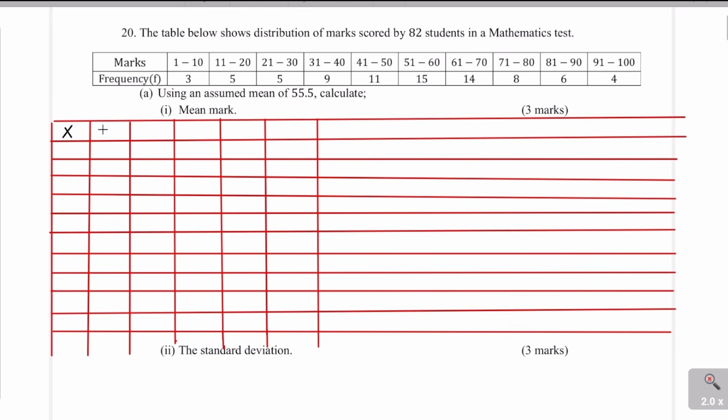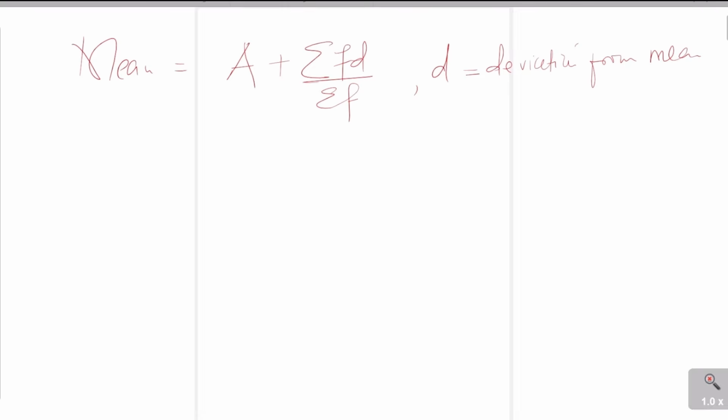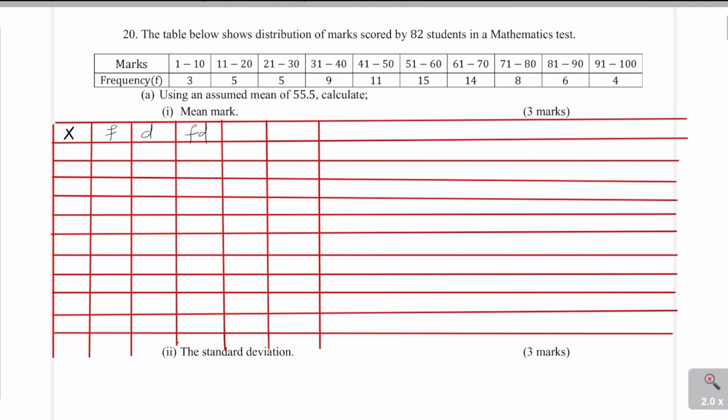We also need the frequency, so first of all we'll put the frequency. And then we need the deviation from the mean. Then we need frequency multiplied by deviation. You can see from the formula that is what we need for us to proceed.